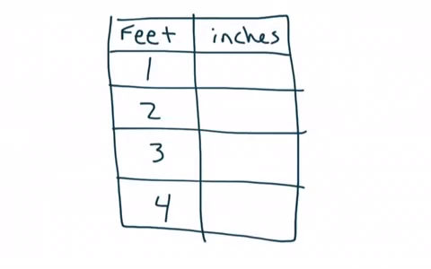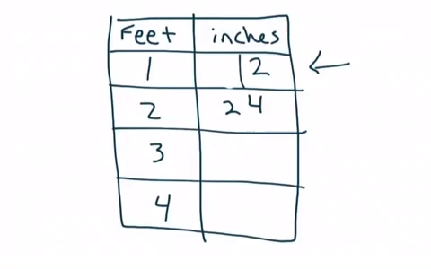So here's a 2-column chart, or table, that the kids have been using and filling out a lot this chapter. Once again, we have feet on the left, inches on the right, and the bigger unit is usually on the left. So if I know that there are 12 inches in a foot, then I use this information to solve the rest of them. 12 inches in 1 foot, so for 2 feet, I go 12 inches per foot. 12 times 2 feet is 24.